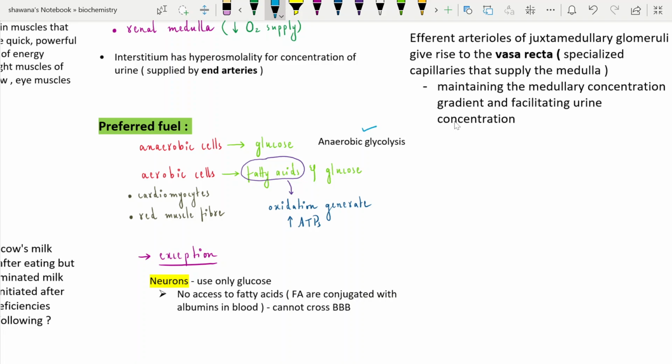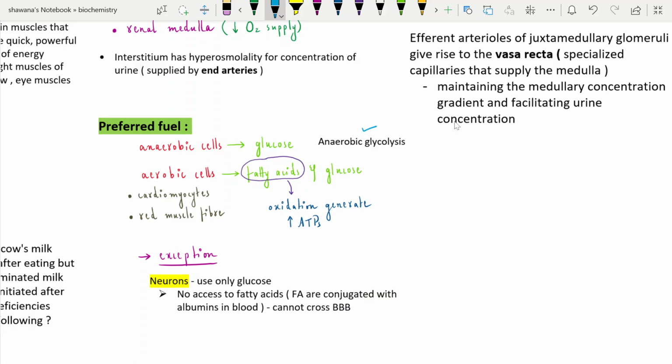Anaerobic cells only depend on glucose, while aerobic cells have a sufficient amount of oxygen, so they can perform glycolysis as well, and they can also perform fatty acid oxidation. Among these two, fatty acid and glucose, which one is the preferable fuel for aerobic cells?